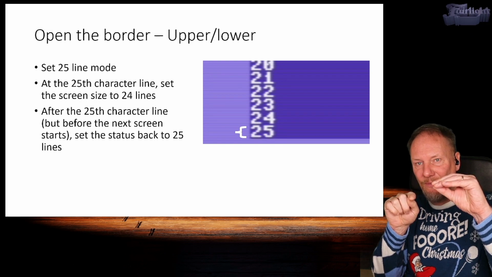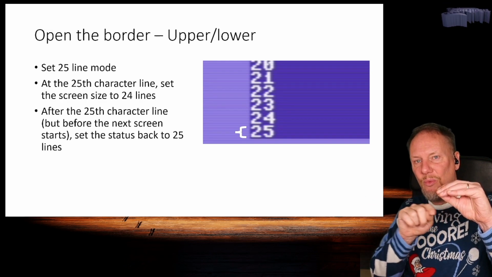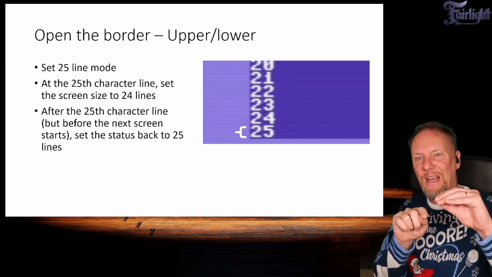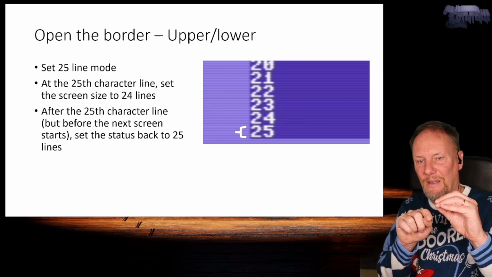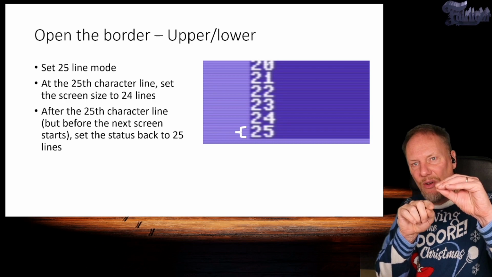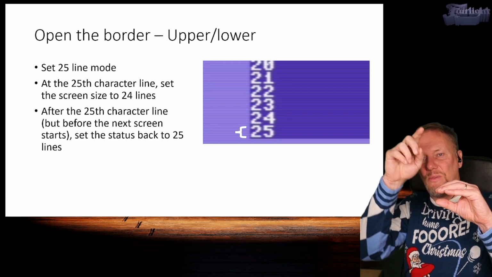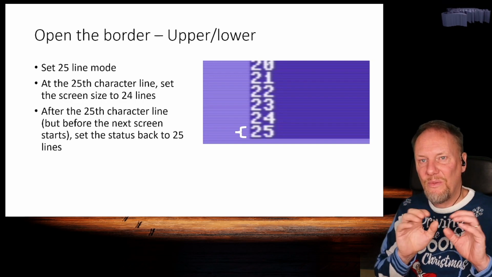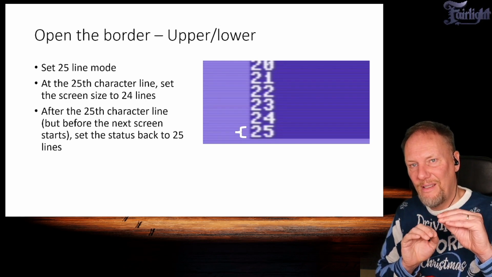That means that the 25th row is not there anymore, and the raster is painting that row, which means that it will never reach the end of the screen, because we moved the end of the screen to before where it was, but it would still be in the mode where it's drawing screen. So it's drawing and drawing and drawing, and then when it's going beyond 25, you turn on 25 again, because you need to set it up for 25. So when the next screen happens, the screen is prepared to be in 24 character mode, being ready to move to 24, and then 25 again.